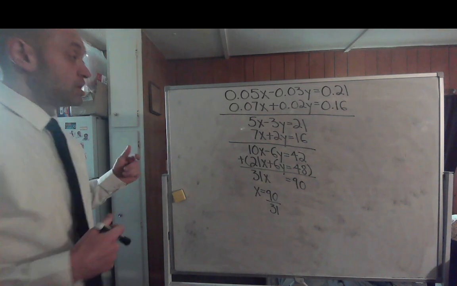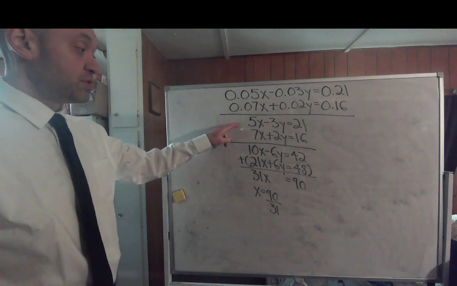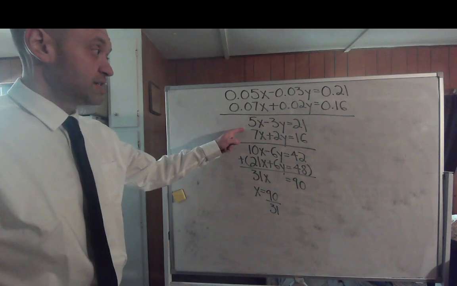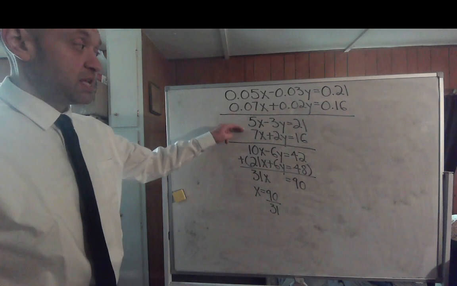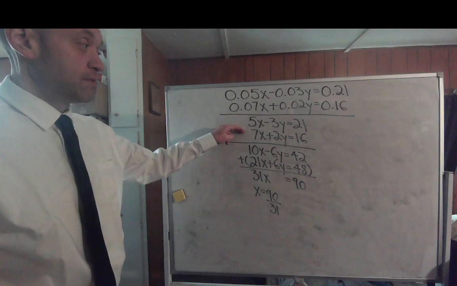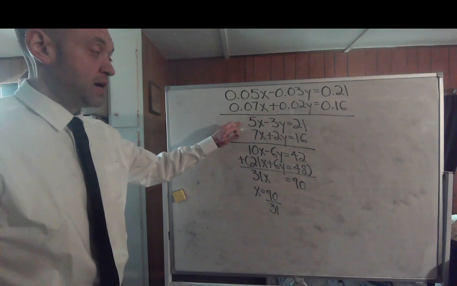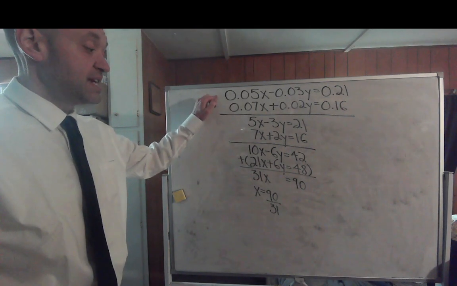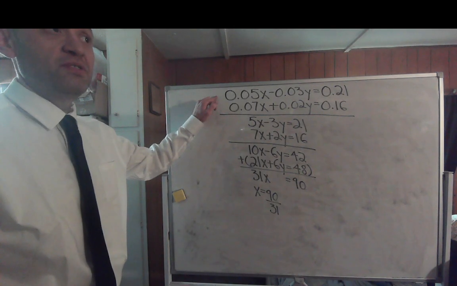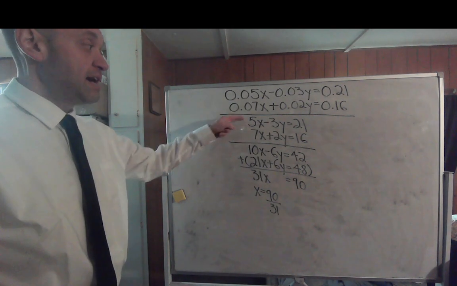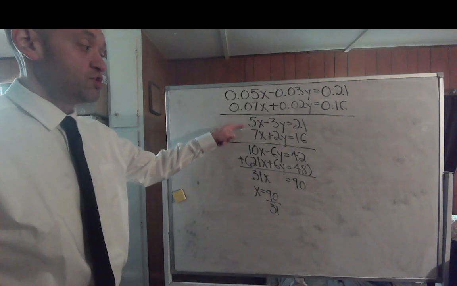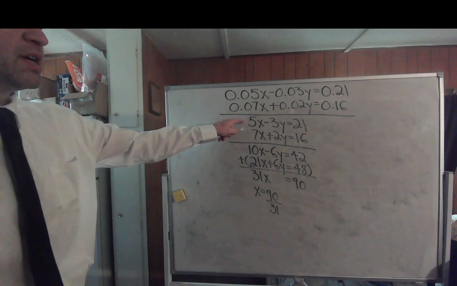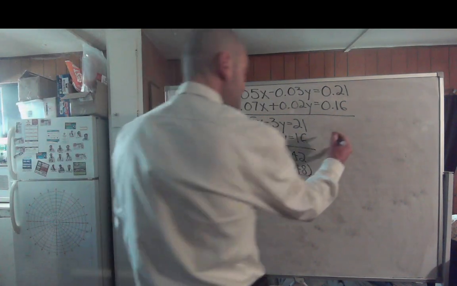Now, it is permissible to put your x into one of the equations that you multiplied by 100 to solve for y. If you put it in with the decimals, it's going to get very confusing very fast. So why don't we pick the smaller coefficient one, 5x?